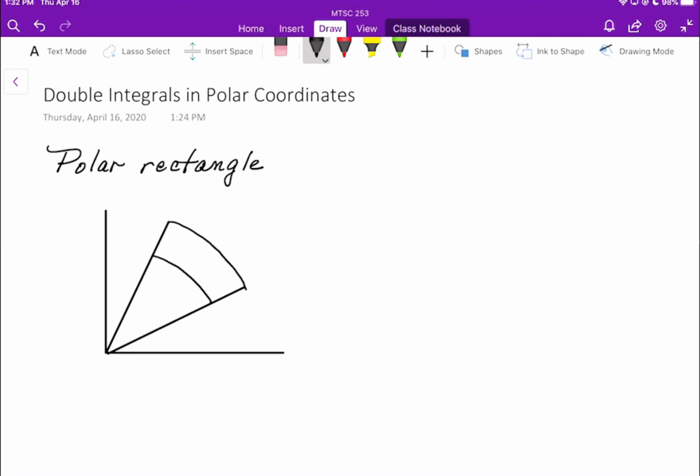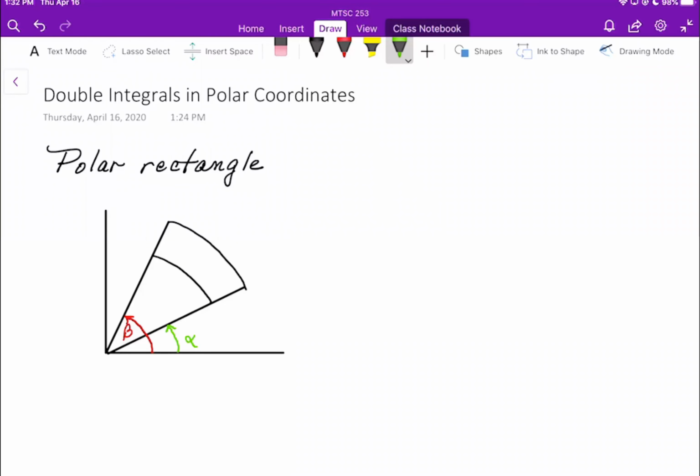Okay, so that's the rectangle. So this is the angle theta. So we're going to take from here, I'm going to call that beta, and I'm going to call that alpha.